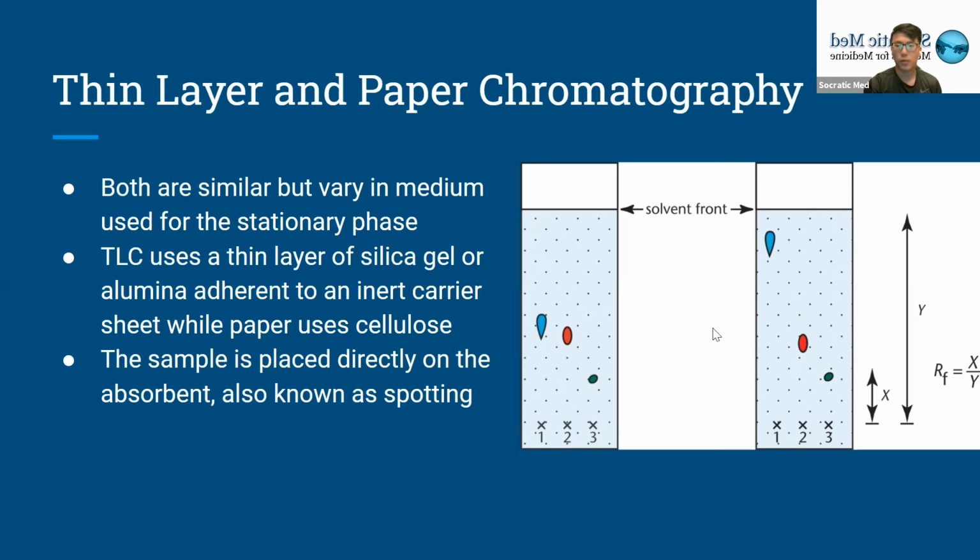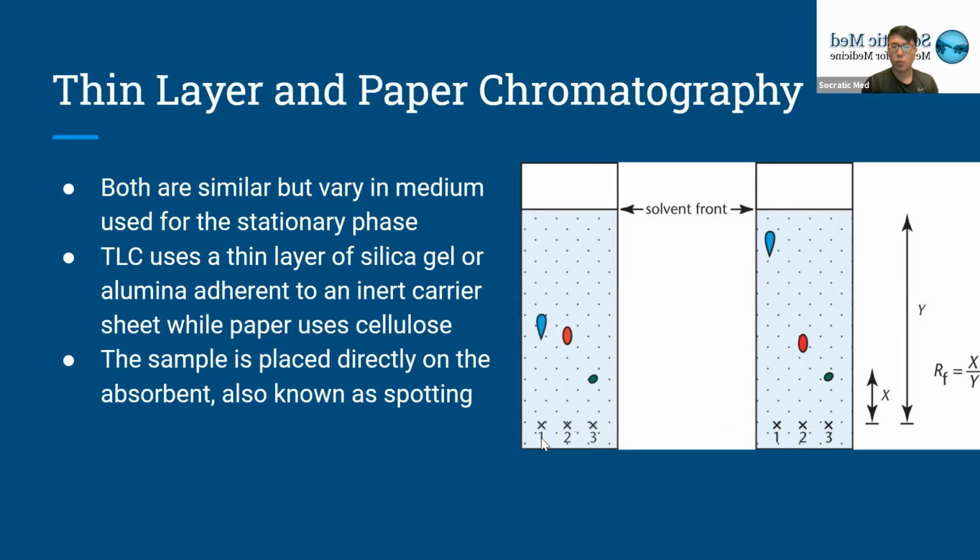As you can see on the right, there's 3 spots at the bottom where the samples were placed, and the 3 different samples moved to different spots on the stationary phase as they were carried by the solvent.